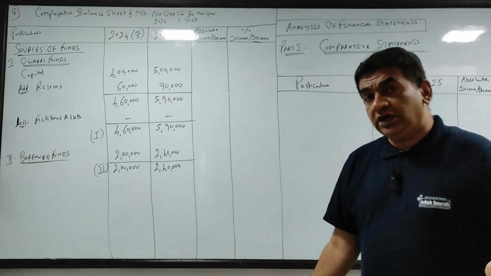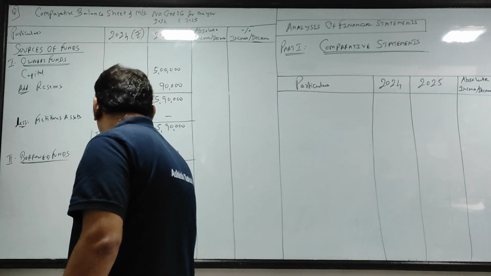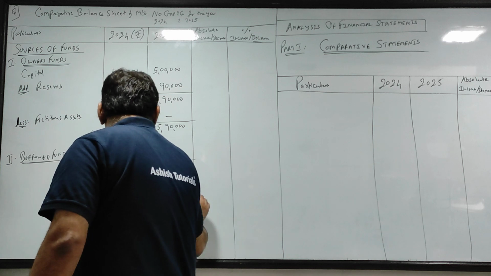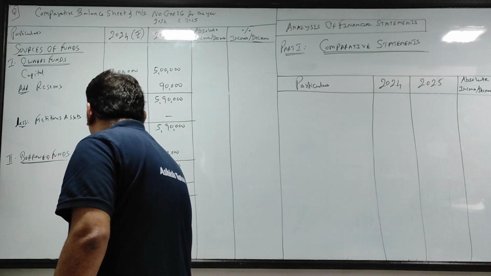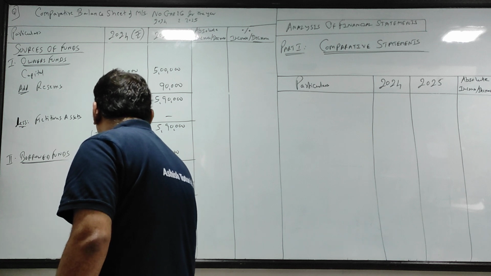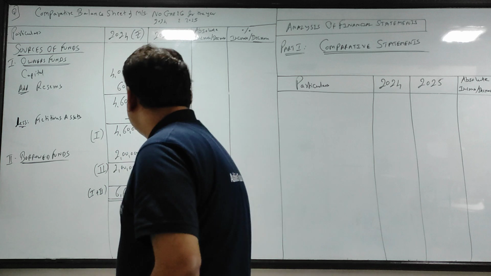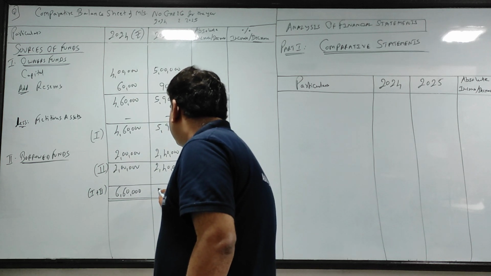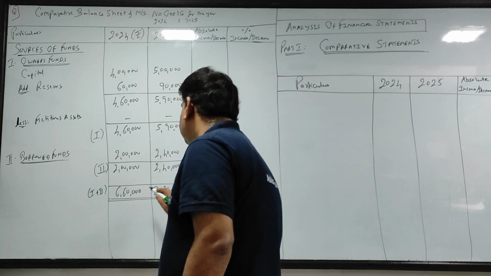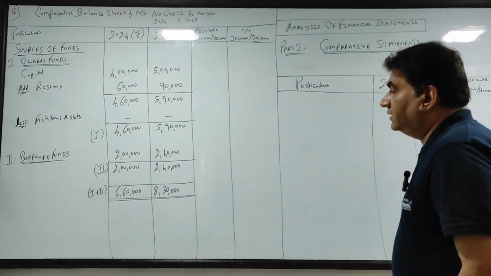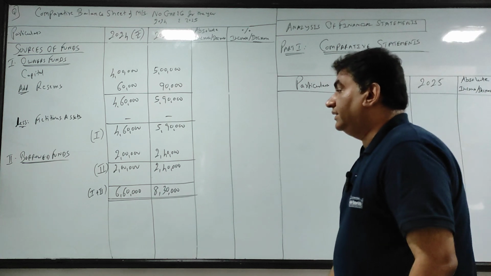Now sources is what? Owner's funds plus borrowed funds. So take the total, that will be 1 plus 2, 460 plus 2 lakh, 660, and this will be 7, 8, 30. Okay, 240 and 7, yeah, 830.